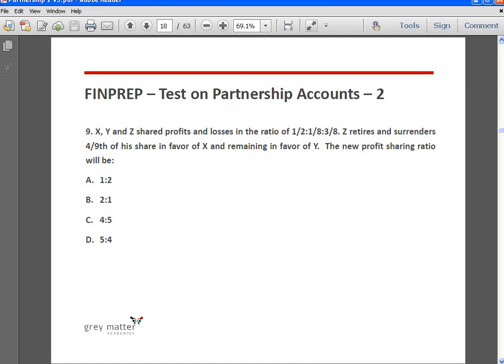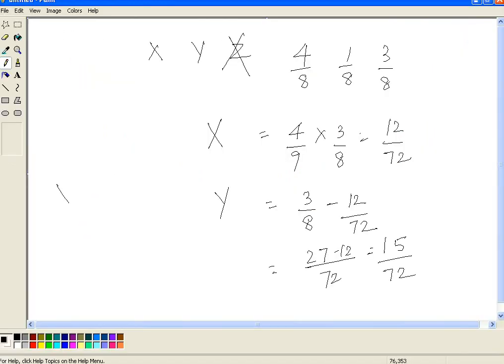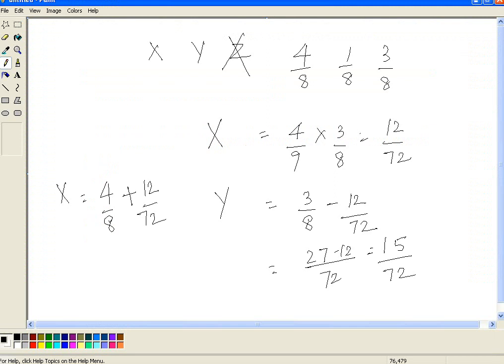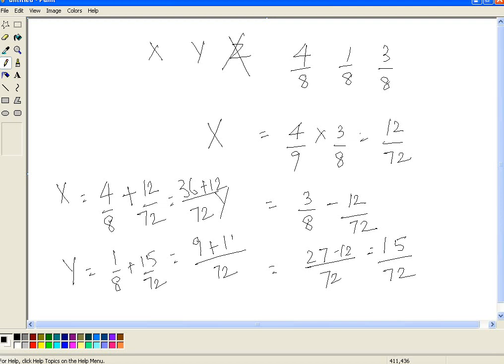So they're asking us what is the new profit sharing ratio. So the new profit sharing ratio of X will be 4/8 plus 12/72, and the new profit share of Y will be 1/8 plus 15/72, which is 72. 36 plus 12, 9 plus 15, which is equal to 48 by 72, 24 by 72, and the ratio will be 48 is to 24, which is equal to 2 is to 1.